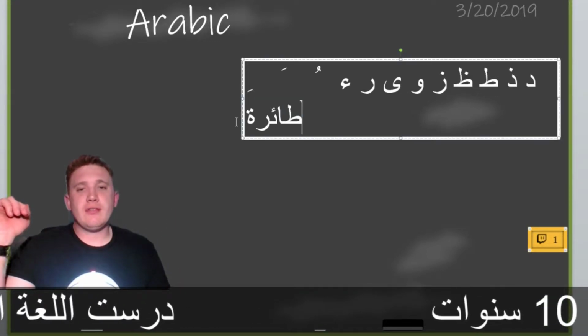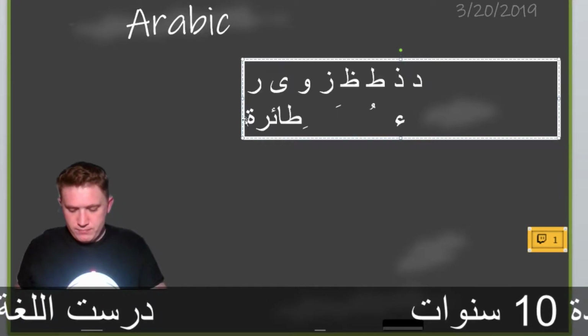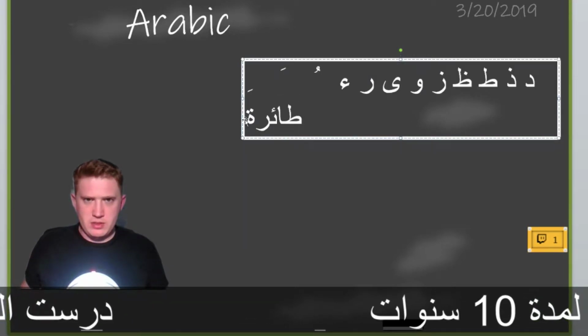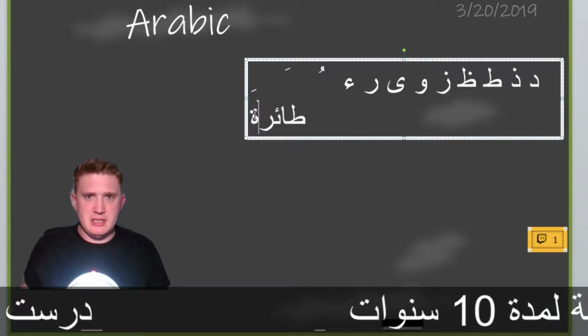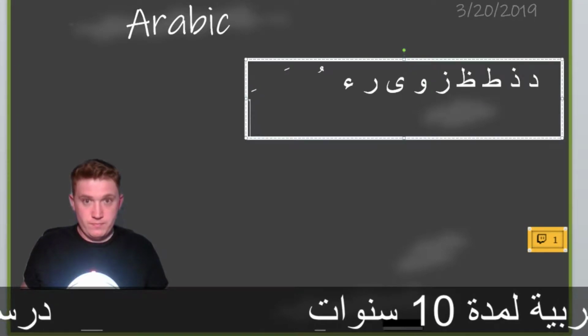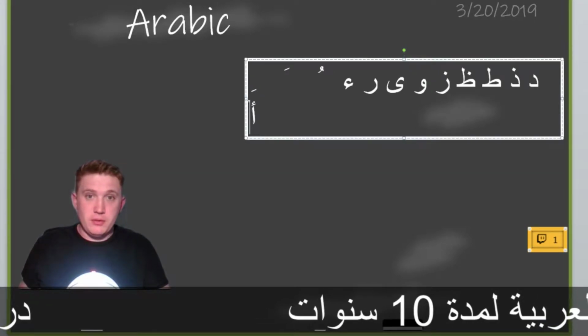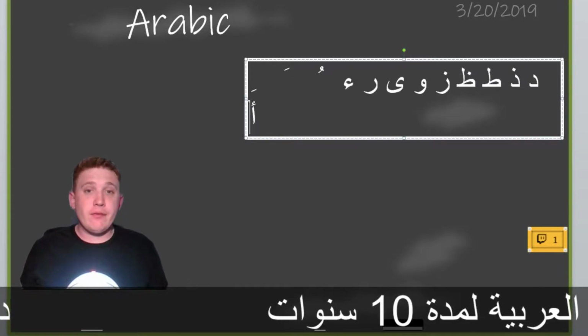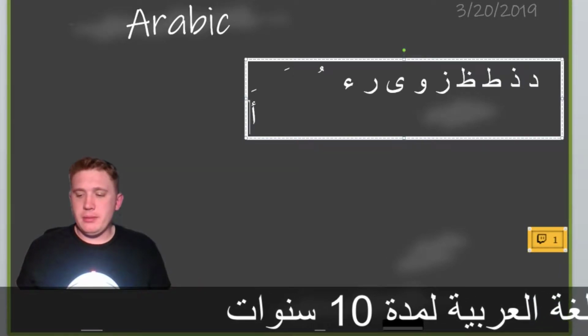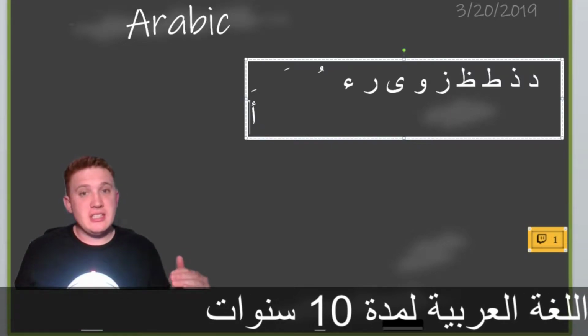And then you also have things like, oops, let's not do that and say we did. Nope. All right, so you have things like the Aleph with the Hamza above, which should just be an "a", but it stops, right? So it doesn't continue.